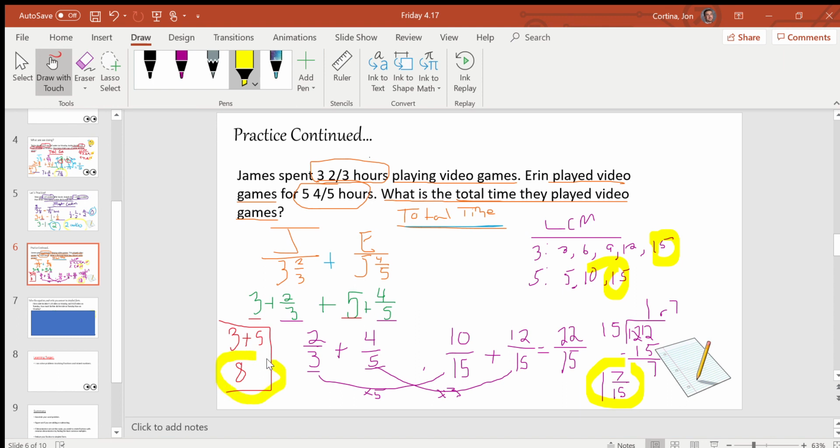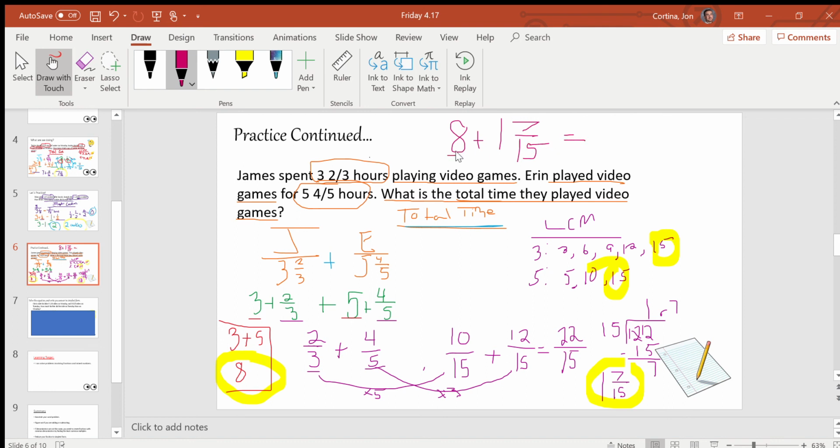We need to remember that we have a whole number over here. And we need to combine or add again to get our final answer. I'm going to do it right in the space here. Seems like the best place to do it. I'll do it up top. So we have our 8 plus 1 7/15.